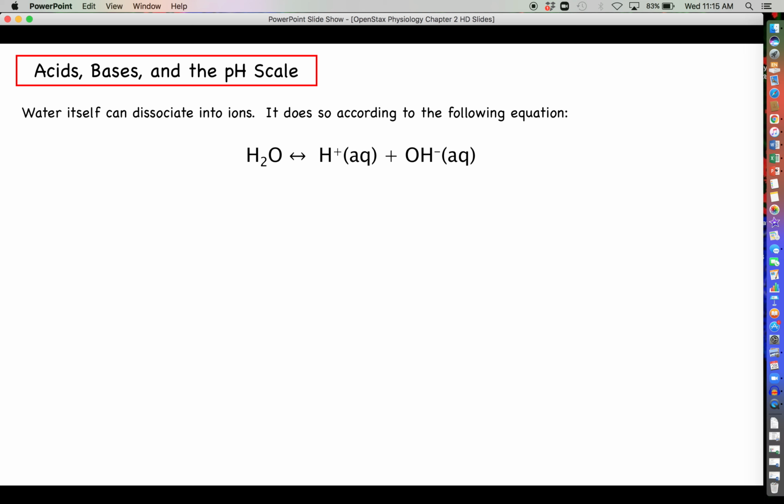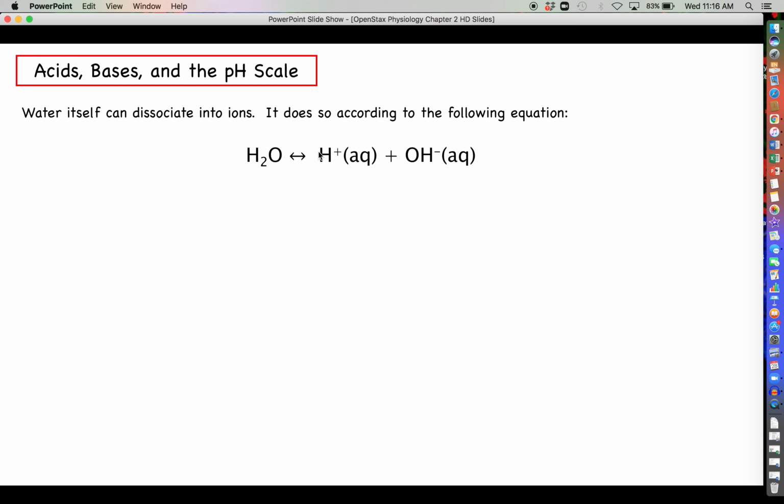Okay, so water itself can actually dissociate into ions. In the previous video, we saw that if you add salt, sodium chloride, to water, that salt will dissociate into sodium ions and chloride ions. Well, water can do this too. It doesn't do it very frequently, but water can dissociate into what are called hydrogen ions.